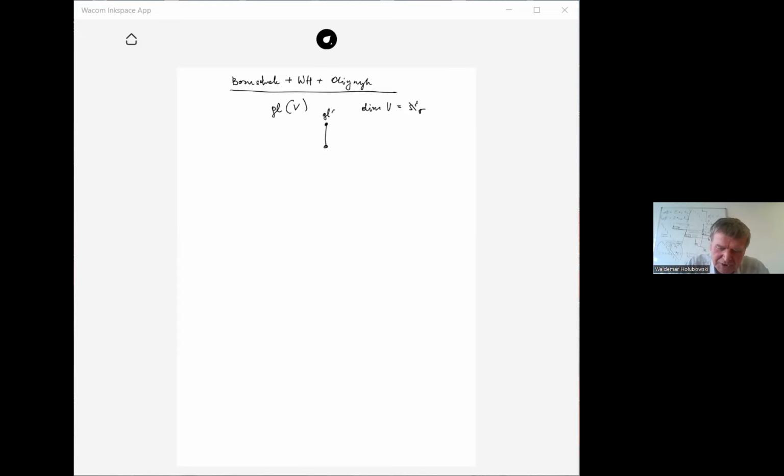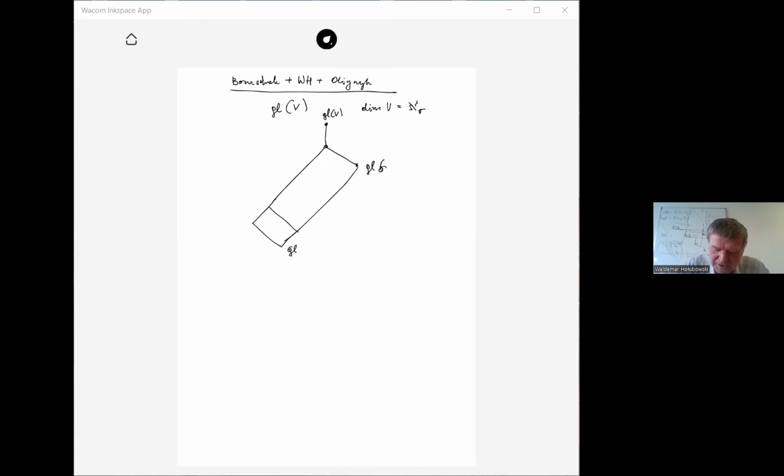We have here GL(V), here we have GL delta, here we have such an infinite or finite ladder.